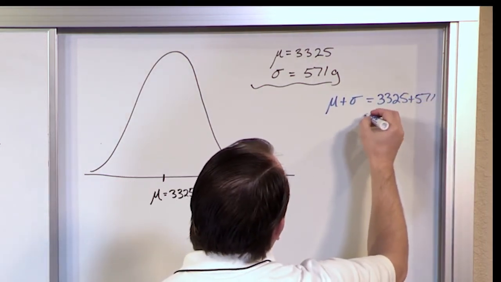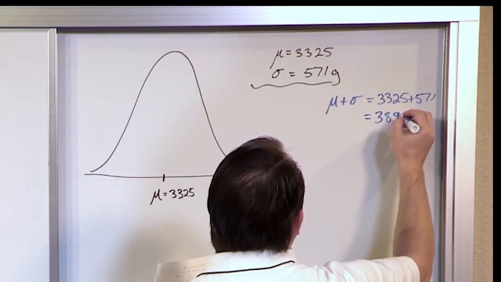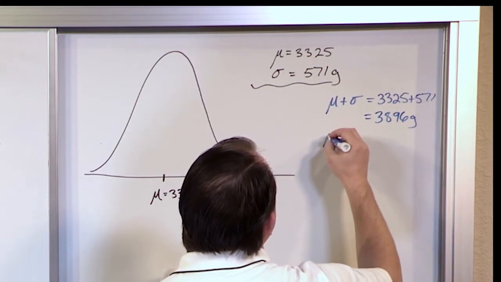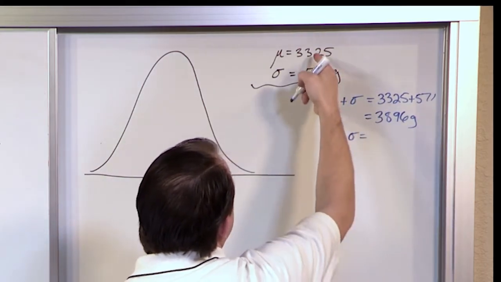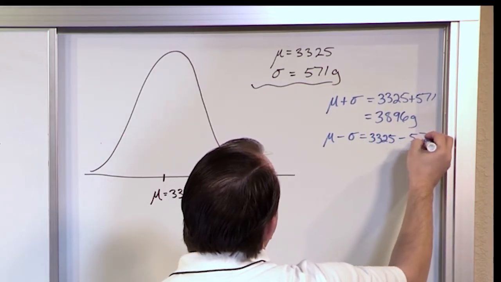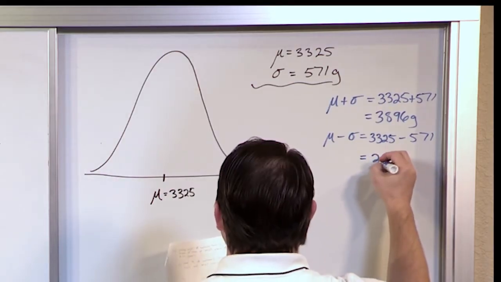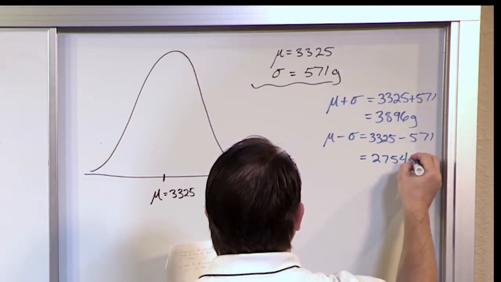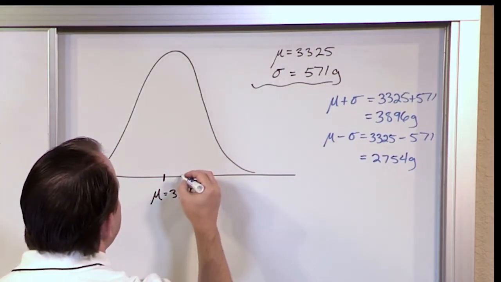And what I get when I add these together is 3896 grams. And on the minus side, take the mean minus one standard deviation. I'm going to have the mean 3325 minus 571. If I do this subtraction, what I'm going to get is 2754 grams.